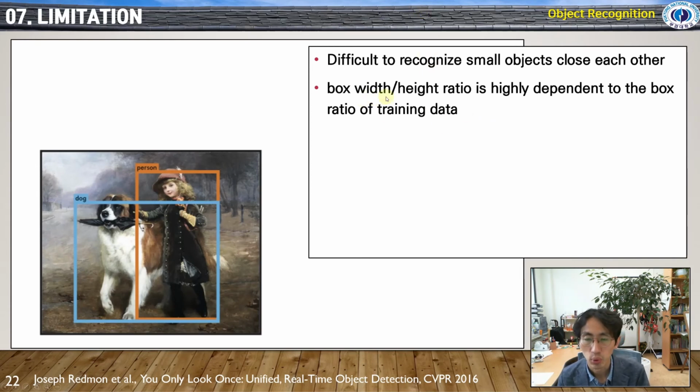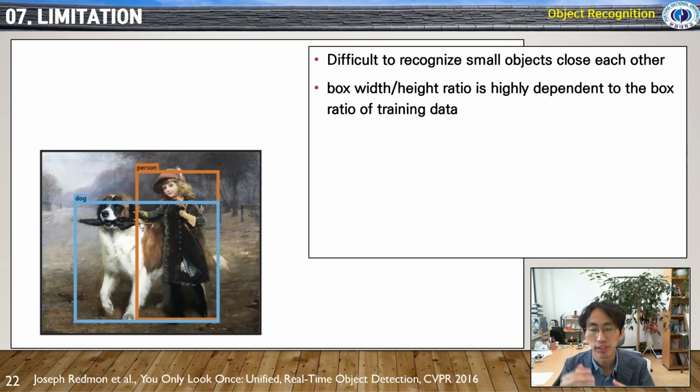And the box width and height ratio is highly dependent on the box ratio of the training data. So if all the person data is in a standing status, and the person in the testing data is in a seated position, then as you may expect, the ratio of the person is going to be completely different.